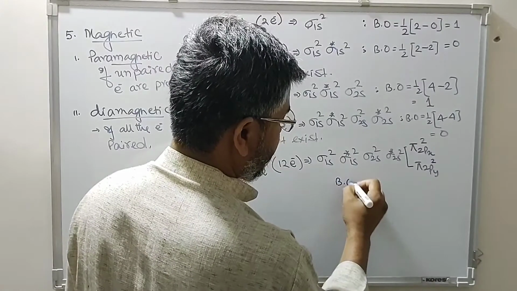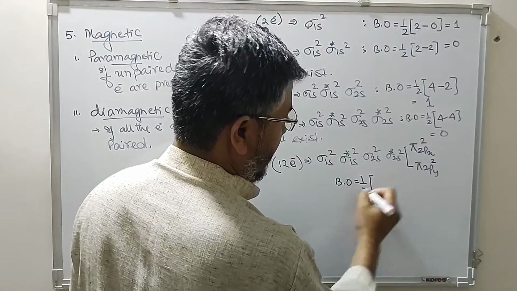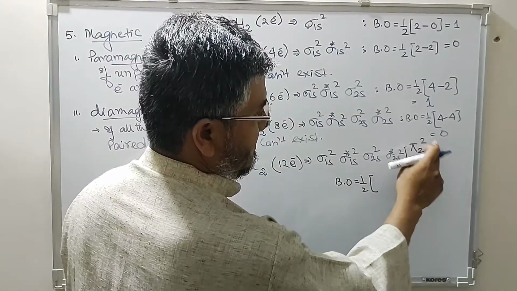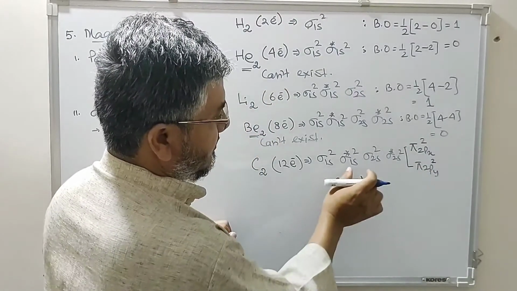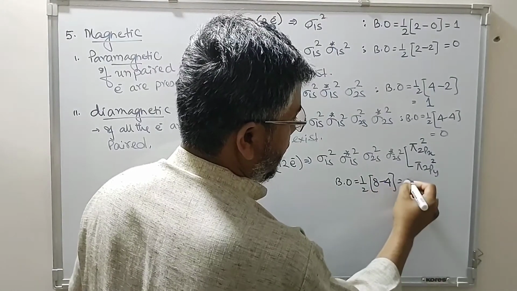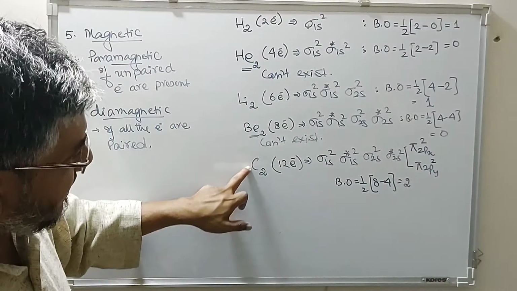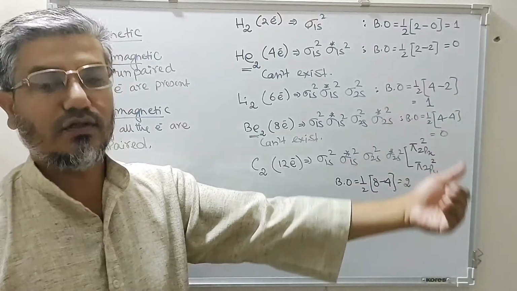Bond order is half times the number of electrons in bonding, 2, 4, 6, 8, minus the number in anti-bonding, 2 plus 2, 4. So bond order is 2. Between carbon and carbon there is a bond order of 2, a double bond.